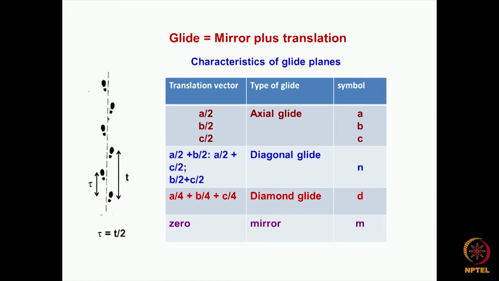If you look at the glide axes which we have: A glide, B glide, C glide, and then along the face diagonal we can have a glide represented by the symbol N. Then we can have a glide along the body diagonal, designated as D. Then the translation vectors are also given.